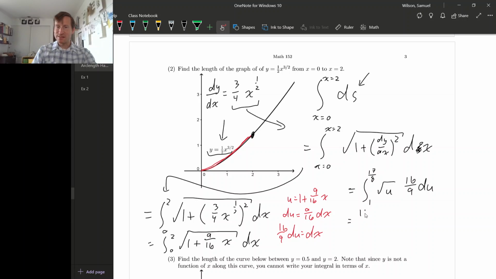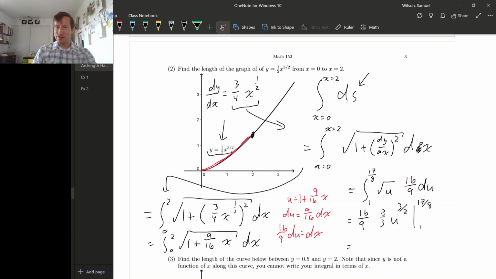Okay, so let's pull that 16 over 9 outside. The integral of the square root of u is 2/3 times u to the 3/2. And we need to go from 1 to 17/8.